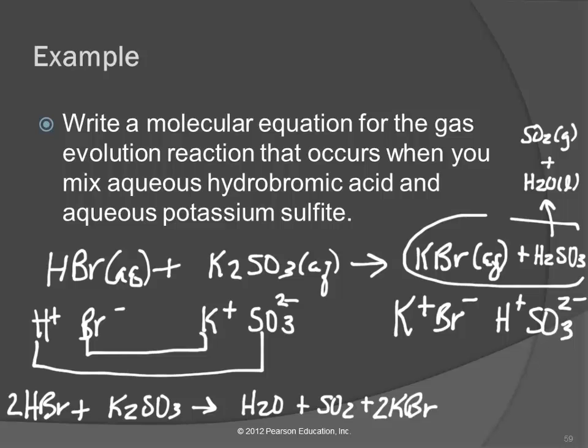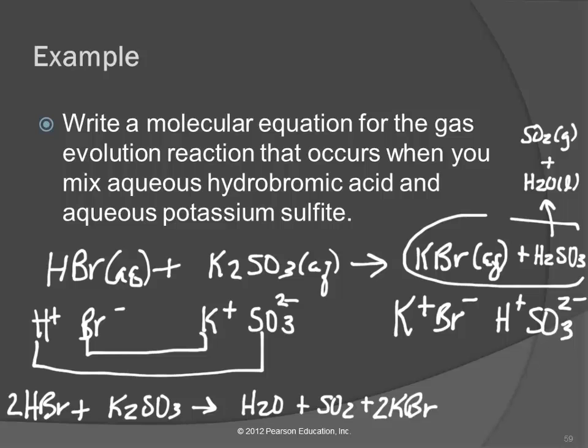There's 2 potassiums on the left and 2 on the right, so that's okay. There's 1 sulfur on the left, 1 sulfur on the right. 3 oxygens on the left, and a total of 3 oxygens on the right. So there's 1 in the water and 2 in the SO2. So this is our molecular equation without the state symbols.